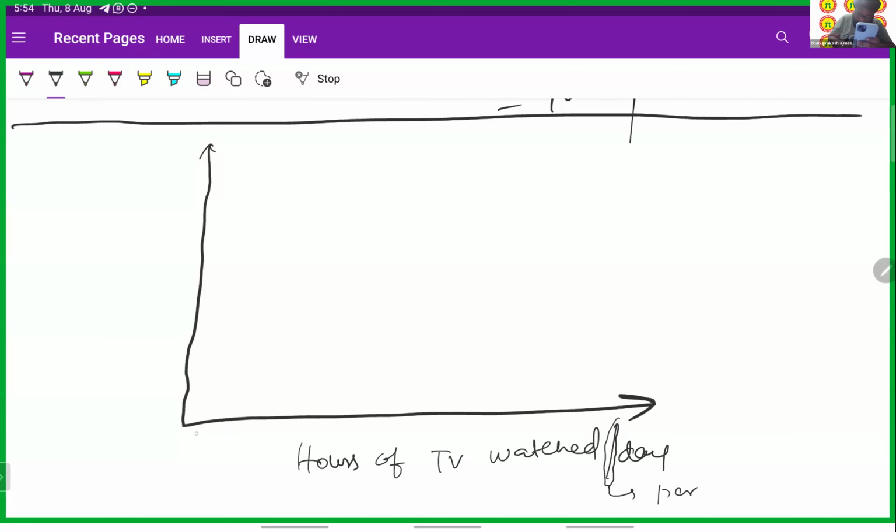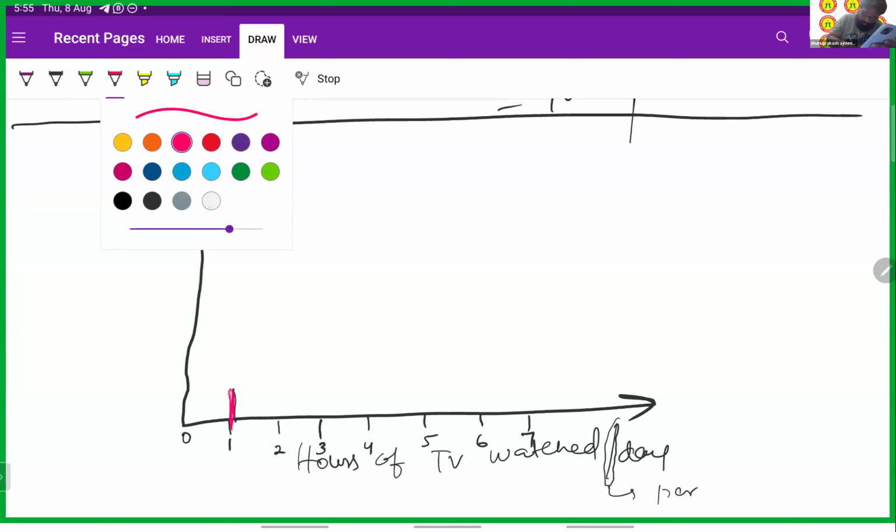The axis reads 0, 1, 2, 3, 4, 5, 6, and 7. This is the graph I am drawing. Don't get confused; in the question, the graph is given in this way.